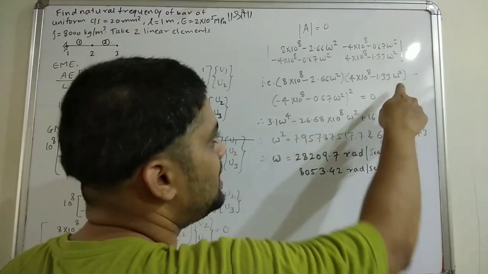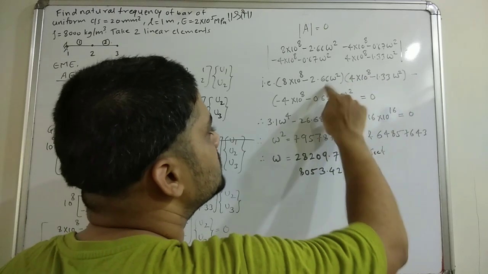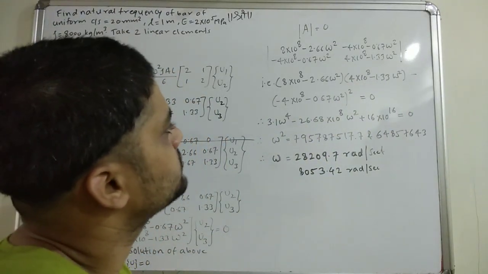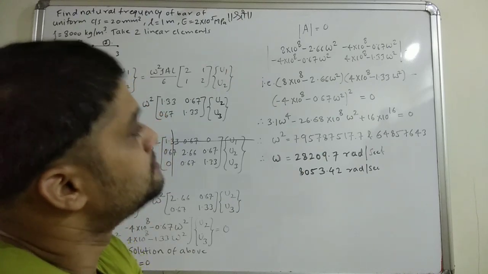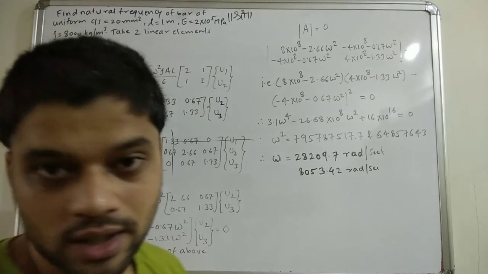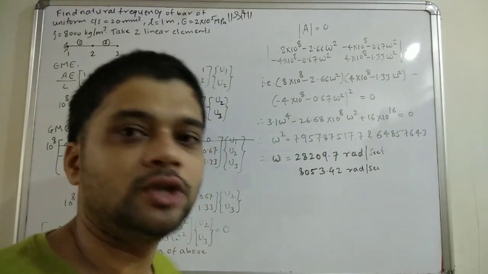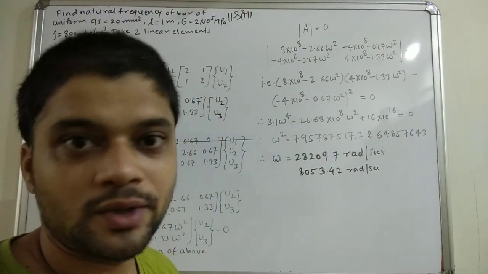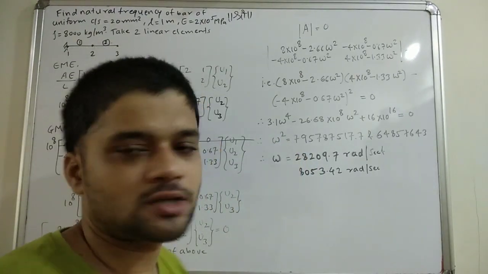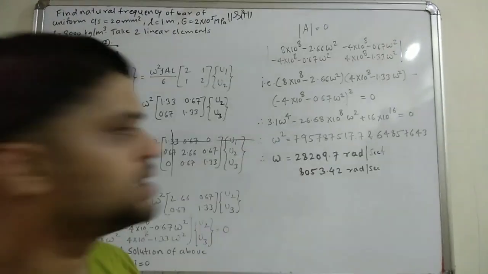And at the last I have this 2.66 omega square multiplied by 1.33 omega square, minus 0.67 omega square. So I will have a term with omega raised to 4, which eventually comes out to be 3.1 omega raised to 4.